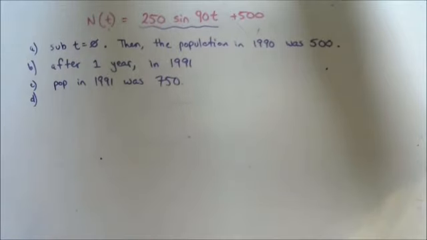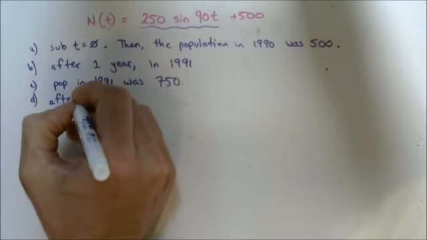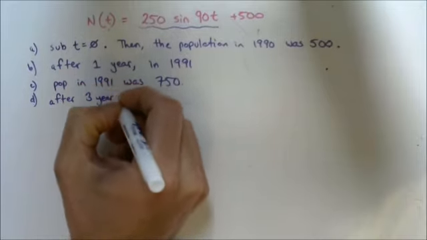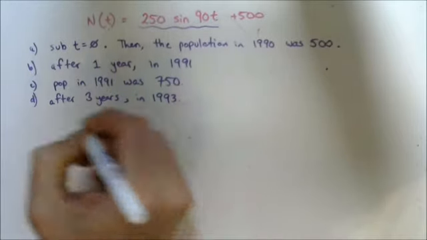D, when did the population reach its minimum? Again, we're just going to use your Desmos graph, and you can scan it until you find the minimum. It occurred at the end of 3 years. So after 3 years in 1993.